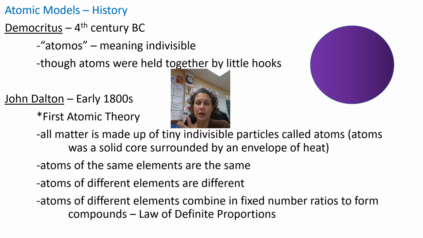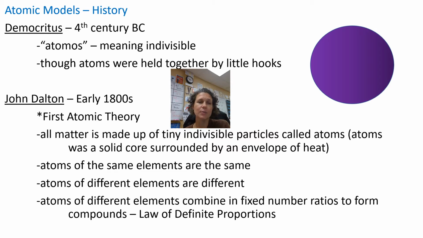Okay, so a little bit of history. As far as atoms go, the first known discussion of atoms was in the 4th century BC. A philosopher named Democritus, he was one of the Greek philosophers, said that eventually we are going to get to a point where, as we get to smaller and smaller parts of things, we will get to something that is indivisible.